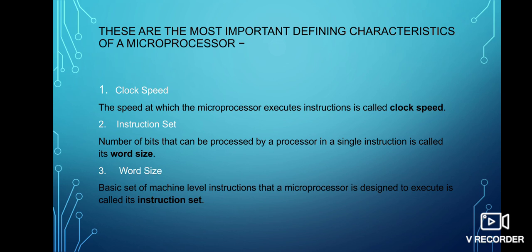Next is word size. The number of bits that can be processed by a single instruction is called its word size. Next, instruction set. The basic set of machine level instructions that a microprocessor is designed to execute is called the instruction set.